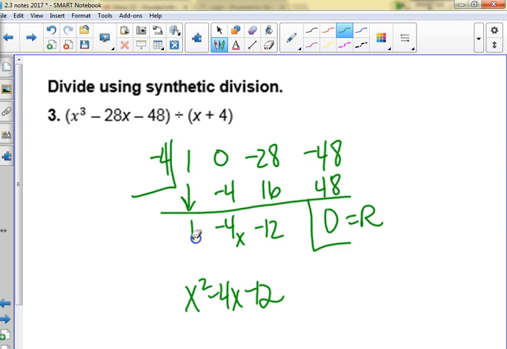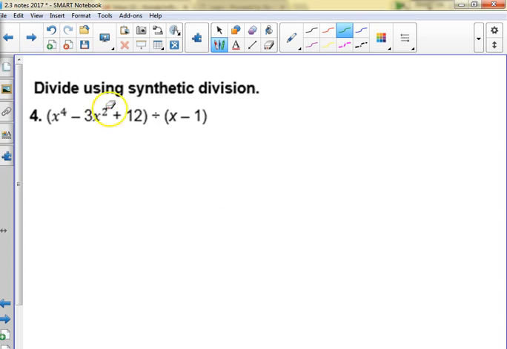This one gets an x. This one gets an x squared. Okay, can you try 4 on your own then? 2 placeholders this time. Is that right, guys?